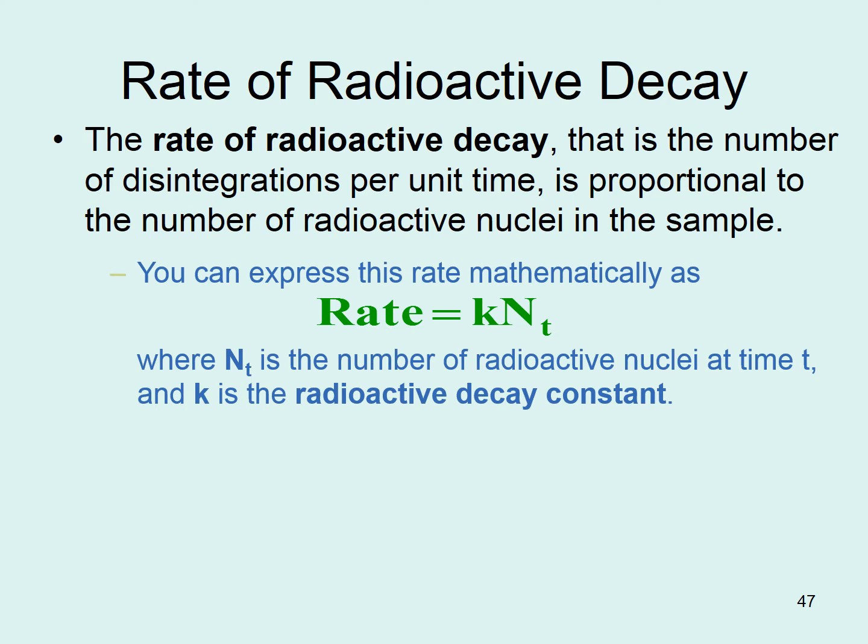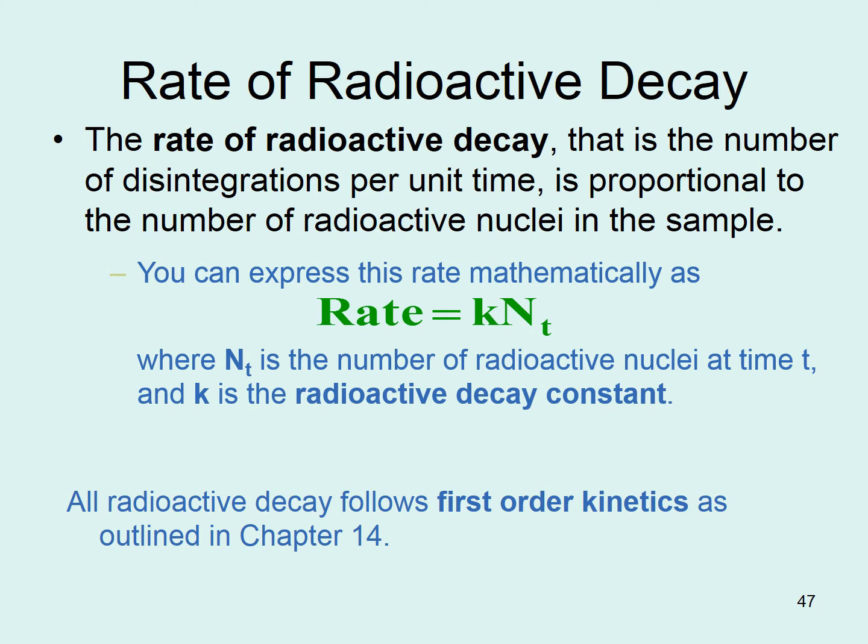So it follows the first order rate law: rate equals k times N_t, where N_t is the number of radioactive nuclei at time t, and k is the decay constant. Rate is related to the concentration to the first power. So it's all first order kinetics, and you might go back and review that from chapter 14.